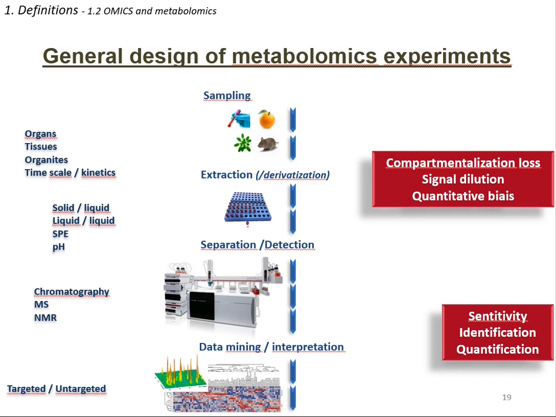It's very important also to have an experimental design that was set up before sampling, of course, that will be useful and adapted to the type of statistics that you want to do, and depending on the kind of questions you address. Then there is a step of extraction and possibly sometimes derivatization, especially in GCMS.